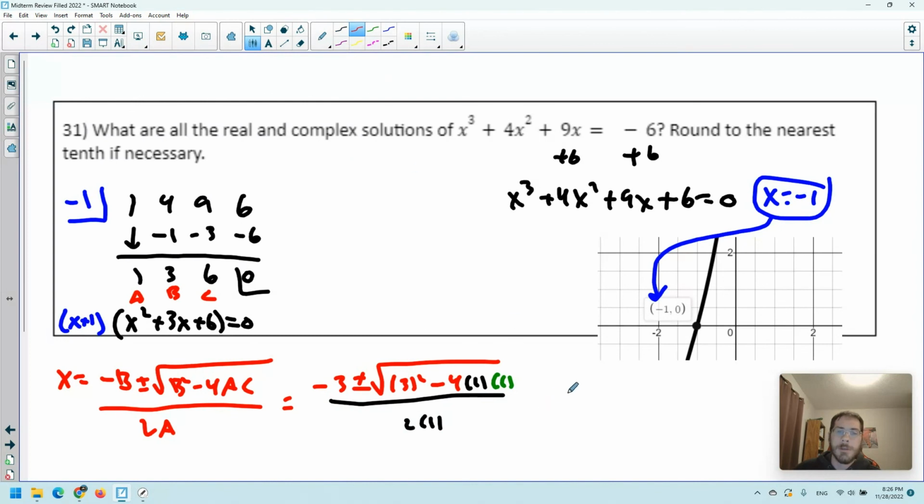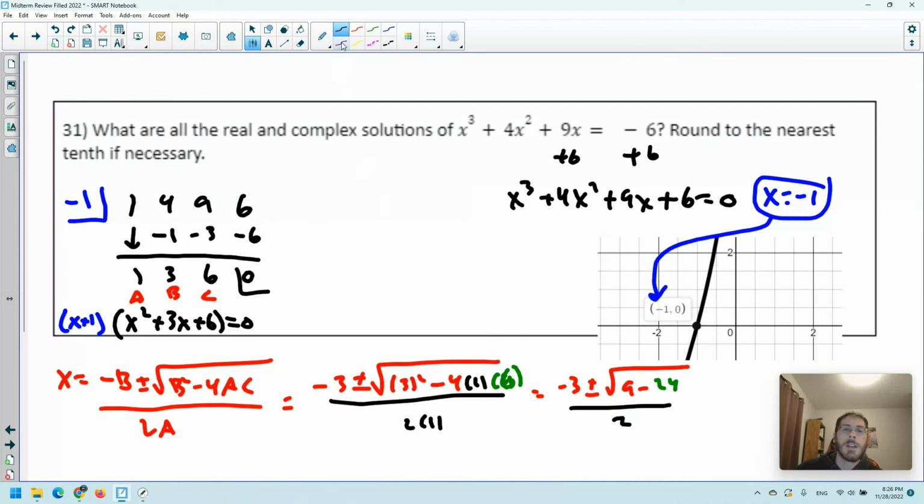Okay, we start to simplify. Negative 3 plus or minus the square root of 9 minus 24, all over 2.